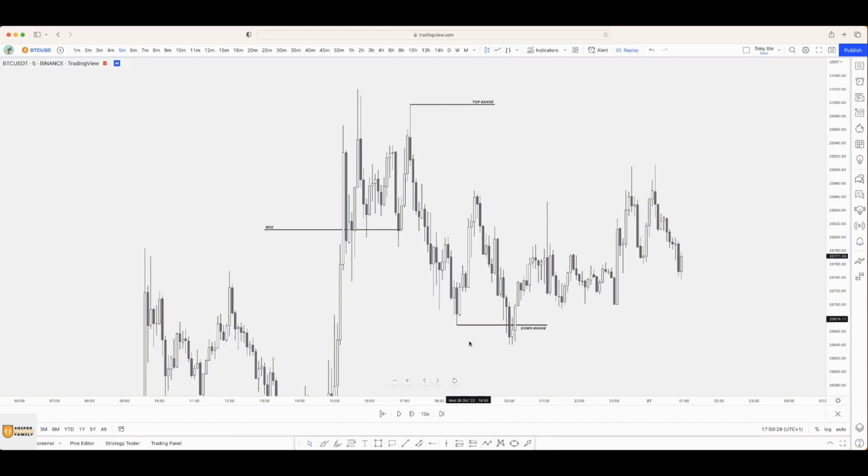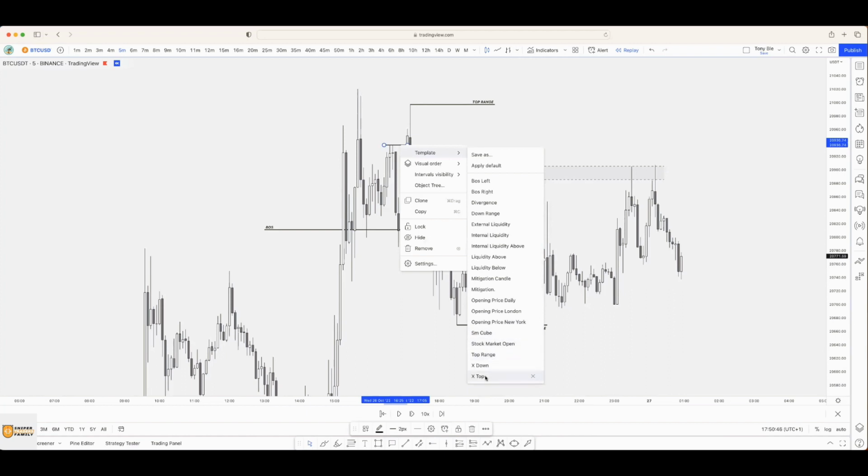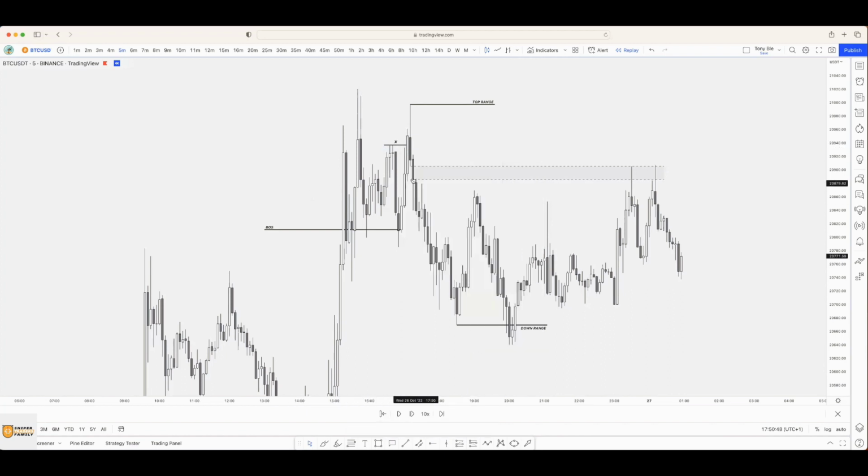And I can see one in this area, right? There's presence of an imbalance here. You can see. And aside from that, we had some kind of liquidity sweep in this area. You can see this triple highs. We had this one, and then this one, right? So we had liquidity sweep here, and then this is the candle that actually swept the liquidity.